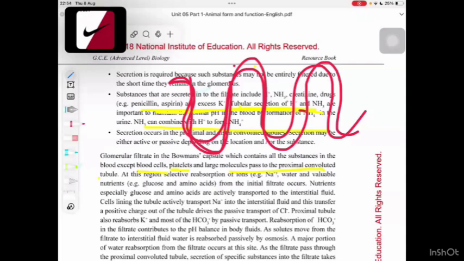Now this PCT contains Na plus, glucose, amino acids, and water, right? So these are actually important substances to our blood. You should not let them get excreted, right? So they need to get selectively reabsorbed into the peritubular capillaries, right? Therefore selective reabsorption takes place in the PCT: Na plus, water, valuable nutrients, glucose, and amino acids, right?